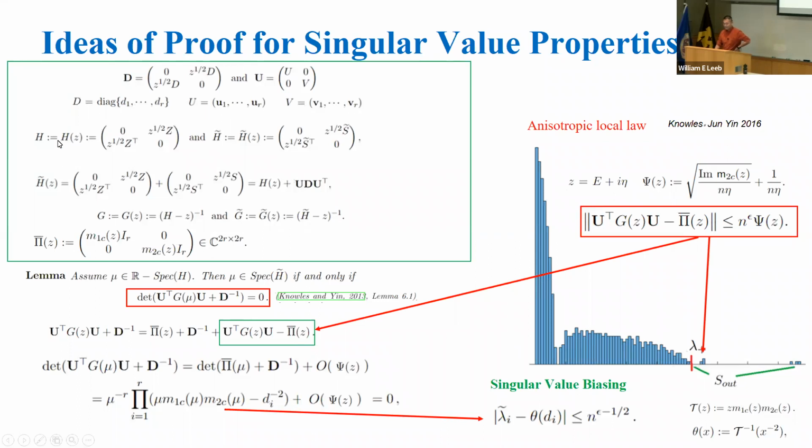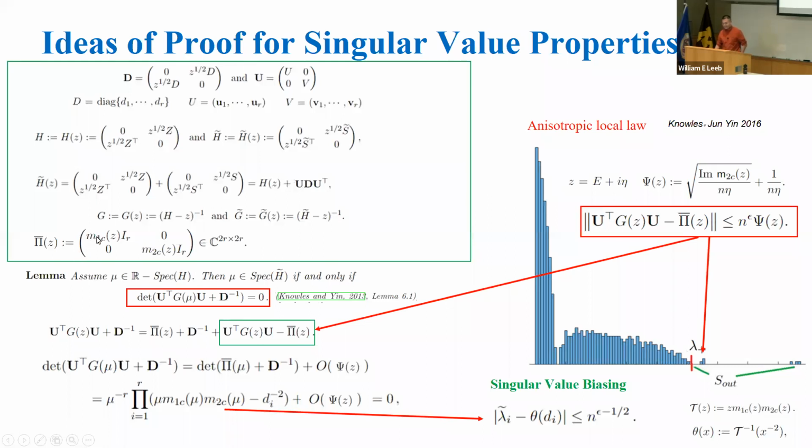Then we construct H from the noise-only data matrix, and tilde H from tilde S. You can see tilde H is merely H plus A U times D times U transpose. And this is the resolvent G of H, and this is the resolvent tilde G of tilde H.